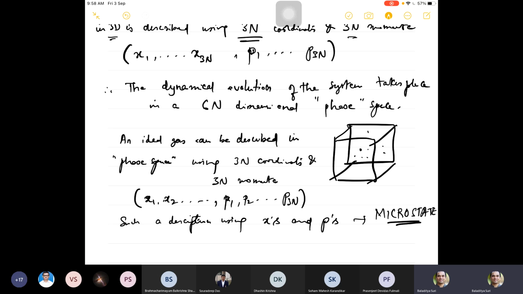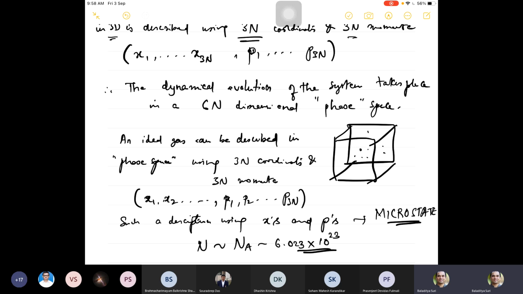Okay. Now remember that we have very simply written this as 3n, but n is of the order of Avogadro's number, which is 6.023 times 10 to the power of 23. It's an enormously large number.